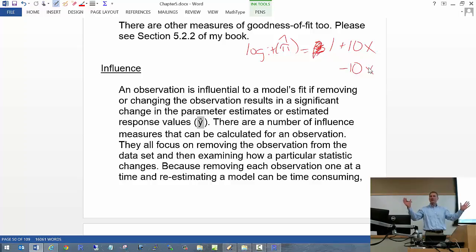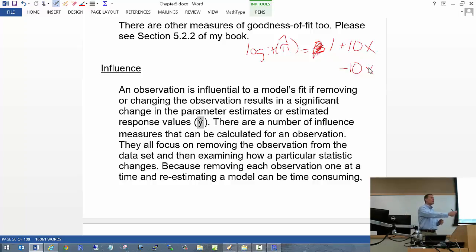Whoa, this has totally changed my interpretation of the effect that X has on my response. Was this observation that I removed from my data set influential? Yes.